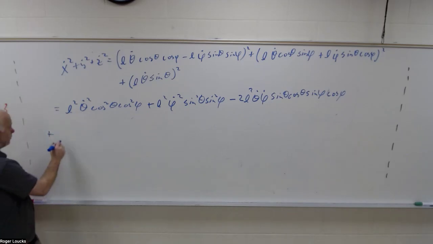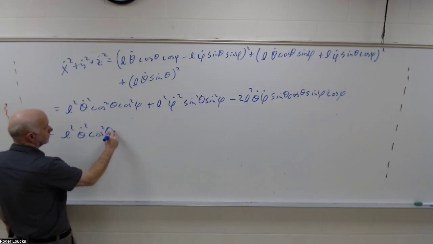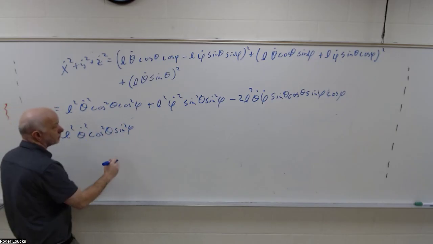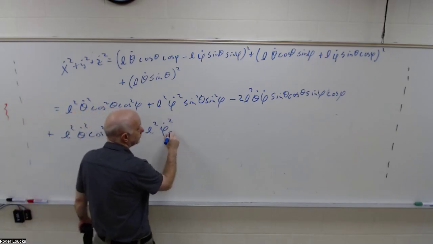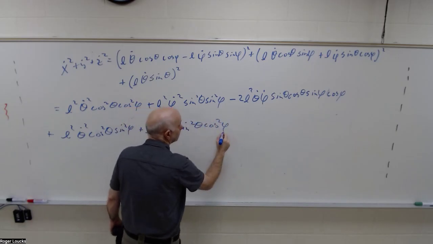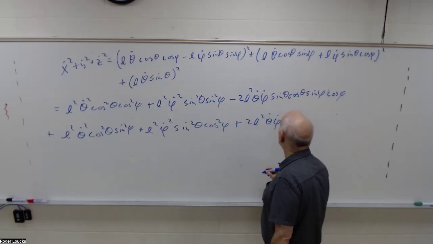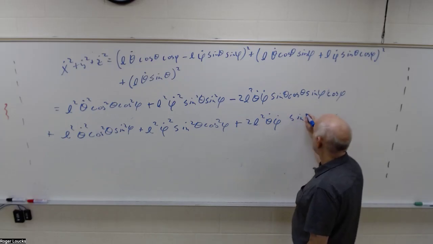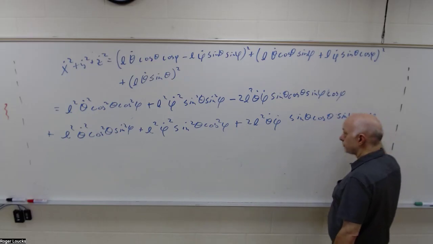Next term: L squared theta dot squared cosine squared of theta sine squared phi, plus L squared phi dot squared sine squared theta cosine squared phi, and plus twice the cross term, plus 2L squared theta dot phi dot sine of theta cosine of theta sine of phi cosine of phi.